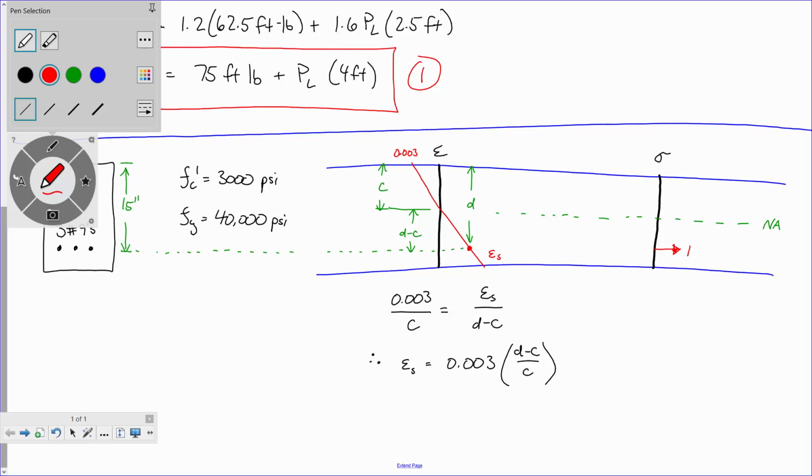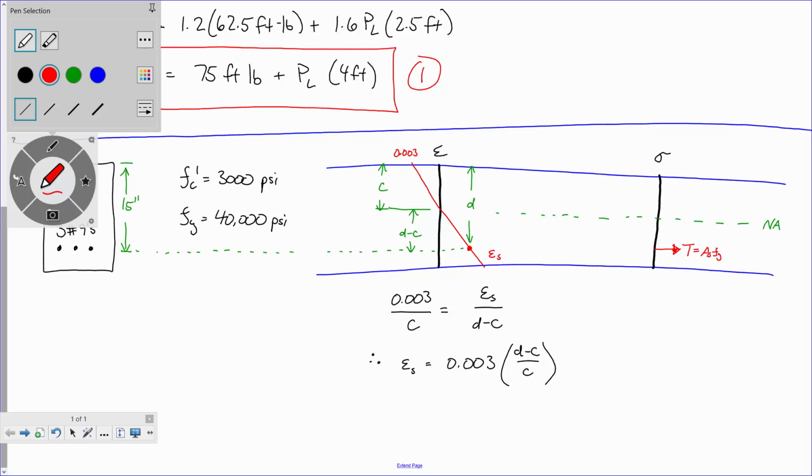So if I want to calculate that tensile force, how do I calculate it? It's the area of the steel times what? fy. Okay? Now that is the force that is in tension.